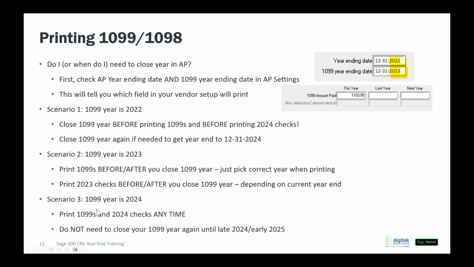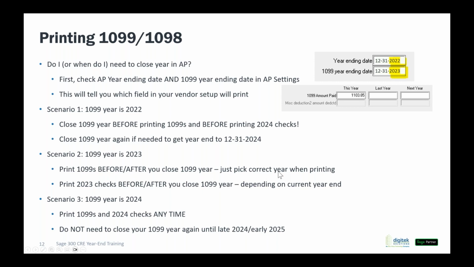Okay. So there's different scenarios that you might want to run through. If my 1099 year is 2022, guess what I need to do? Close my 1099 year before printing 1099s and before printing 2024 checks. Then close my 1099 year again to get to year end 12/31/2024. Scenario number 2, if my 1099 year is 2023, then I can print 1099s before or after I close the 1099 year.